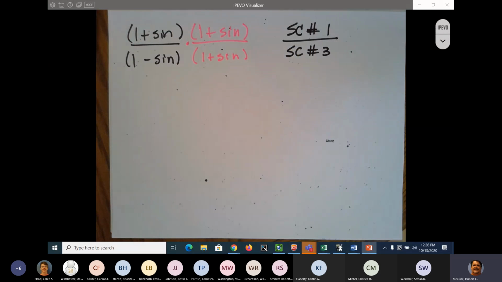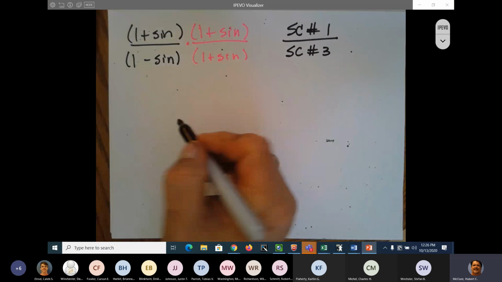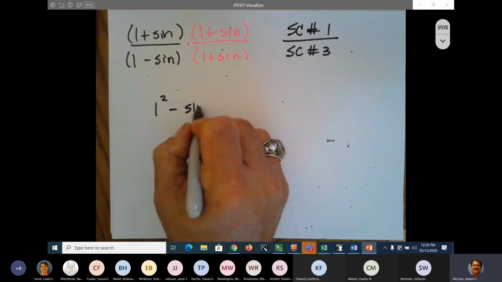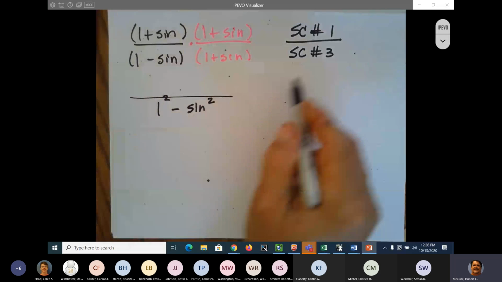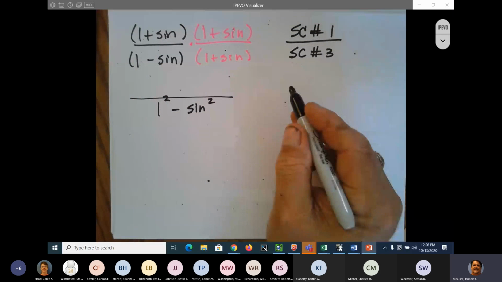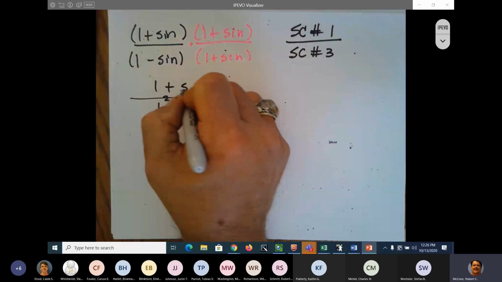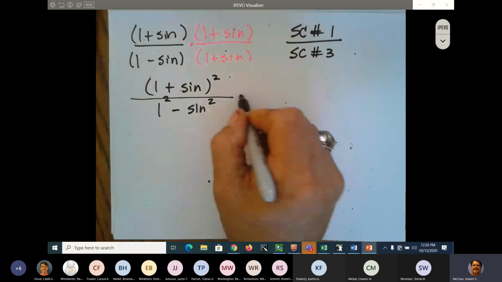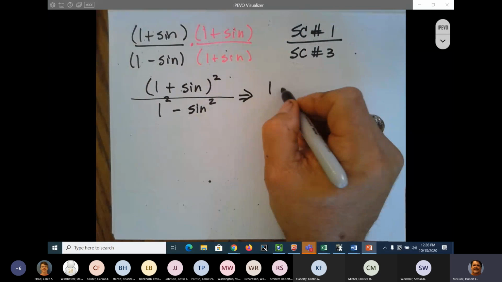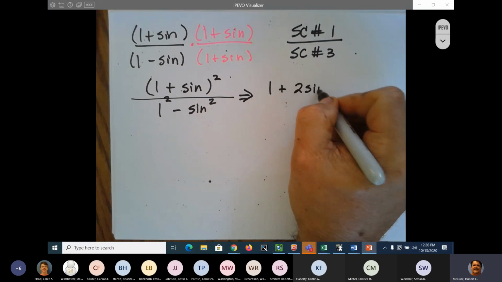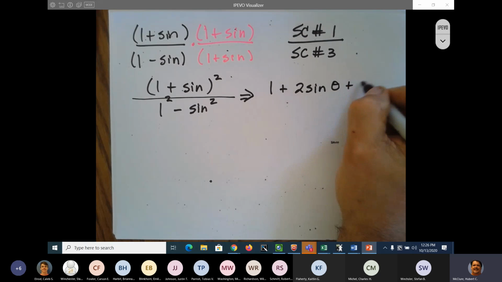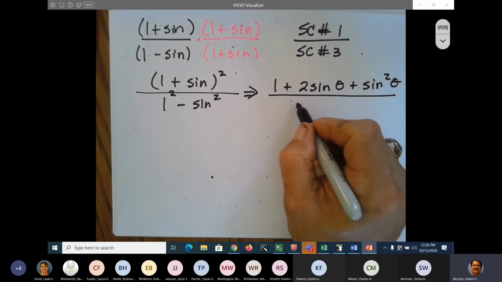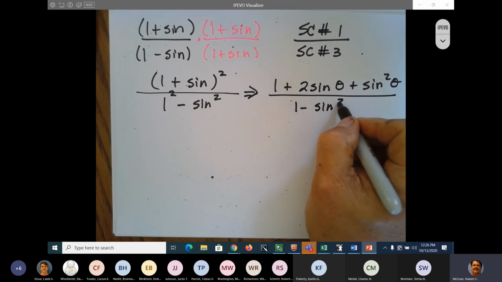On the bottom, we get 1 squared minus sine squared. On the top, we have 1 plus sine quantity squared, which gives us 1 plus 2 sine theta plus sine squared theta over 1 minus sine squared.